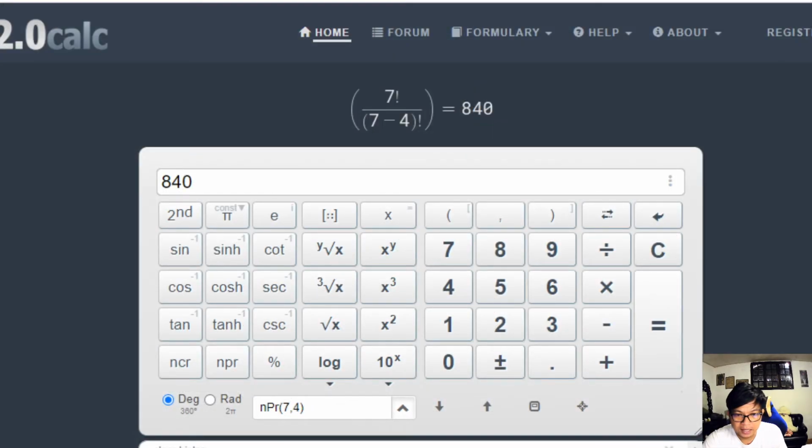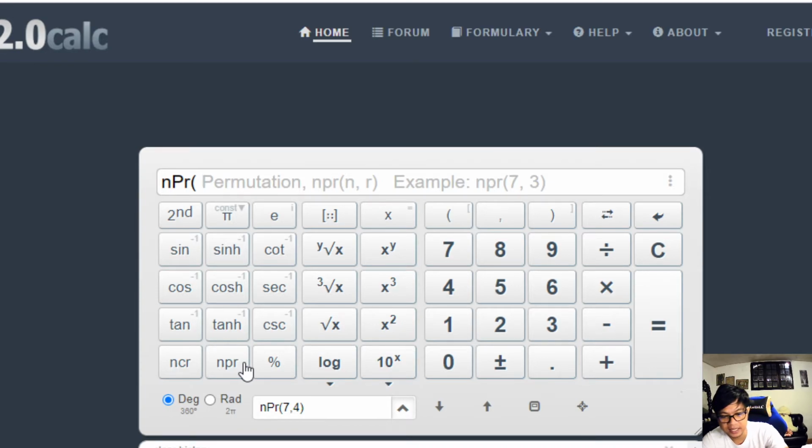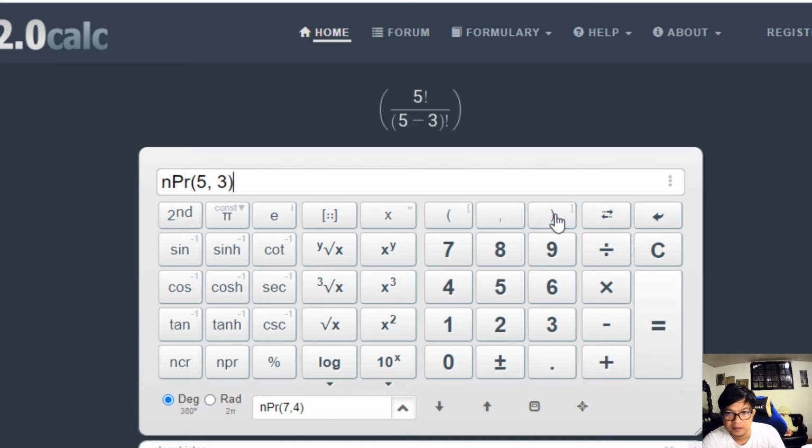So, we have permutation of, let's try 5. Permutation of 5 taken 3 at a time equals, okay, 60.